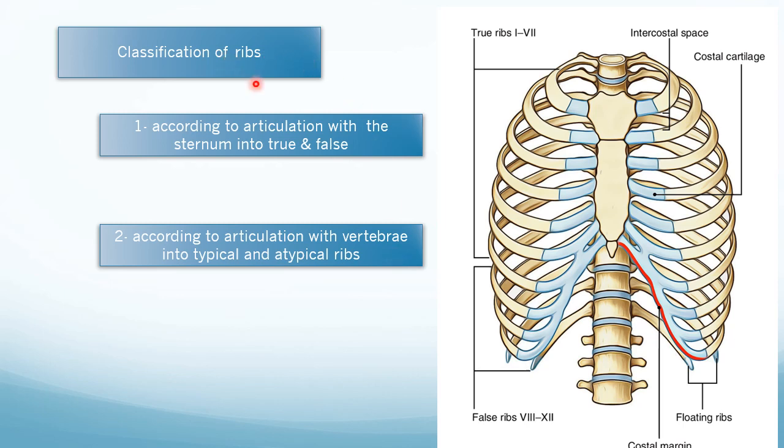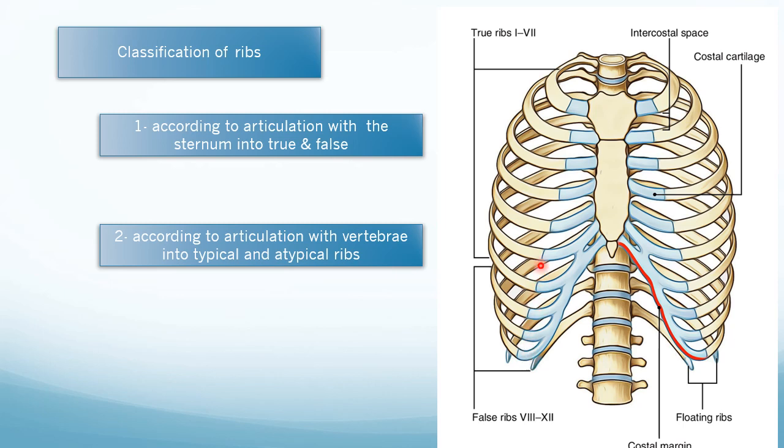Classification of ribs. The ribs are classified according to articulation with the sternum into true ribs and false ribs. True ribs are the ribs attached to the sternum, and they are 7, while the false ribs include the lower 5 ribs.